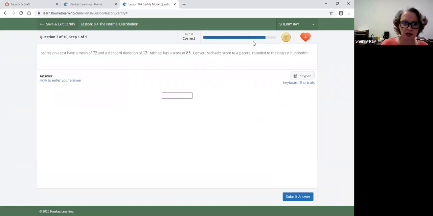All right, we're almost there. Here we have a test that has a mean of 72 and a standard deviation of 12, so we will divide by 12. Michael has a score of 85. He's above average, so we're going to see a positive z-score. This is what we're going to type into our calculator right here. I have 85 minus 72 divided by 12.